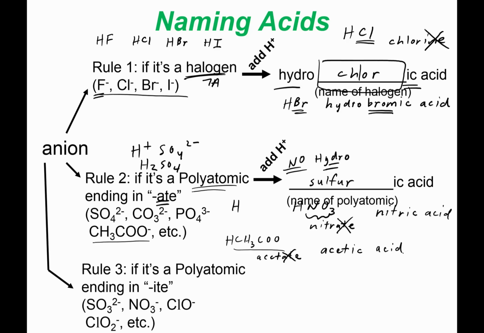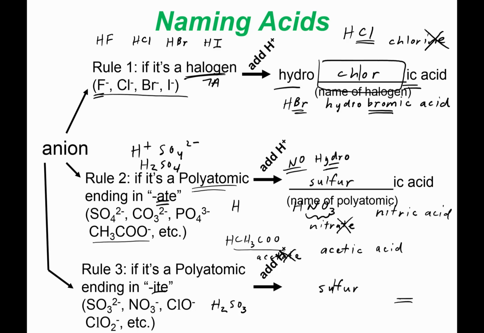Now, if your polyatomic ion ends in ite, then you don't use ic. You use ous, OUS, as your suffix. So for example, if you have H2SO3, this is the ion sulfite, so it would be called sulfurous acid.